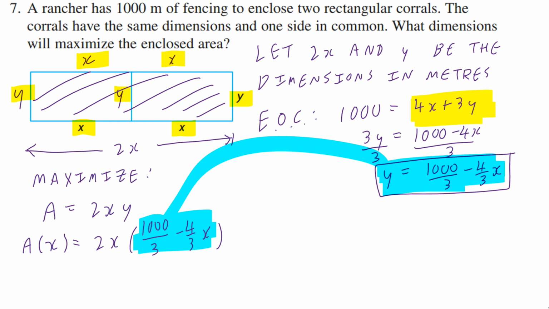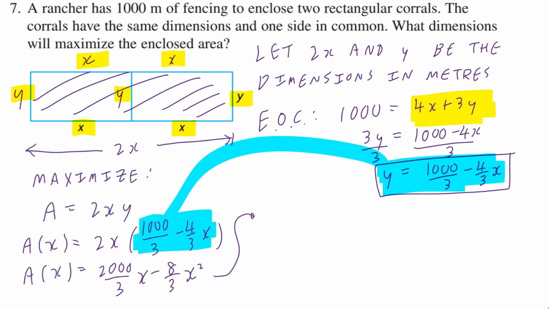Now before you go through the same 3 steps, which are take the derivative, set it to 0, solve for x, you may want to go back and expand this. So this is going to be 2,000 divided by 3 times x minus 8 divided by 3 times x squared.